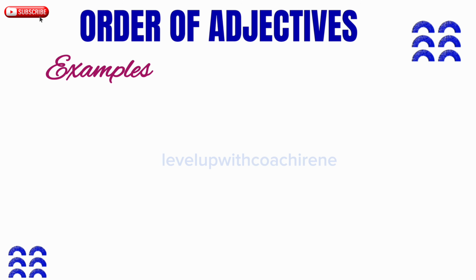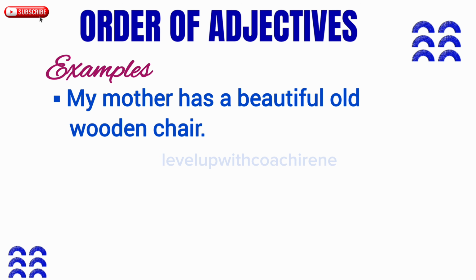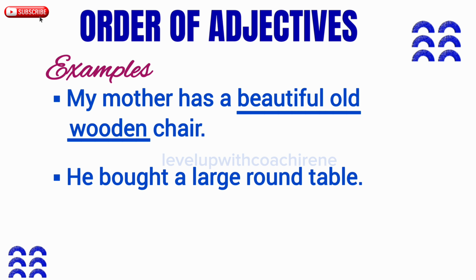For example, my mother has a beautiful old wooden chair. In this sentence, the adjectives include beautiful, old, wooden before the noun chair. Another example would be, he bought a large round table. The adjectives include large, round.